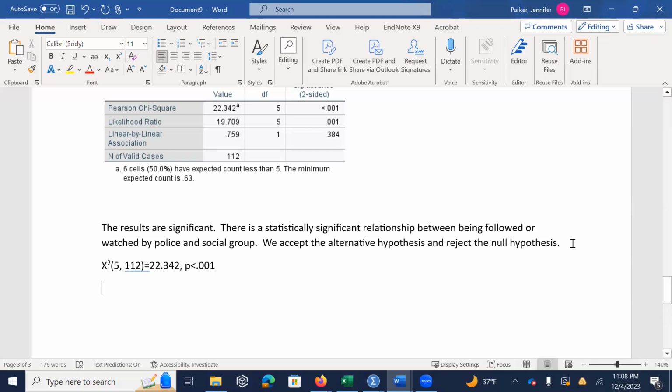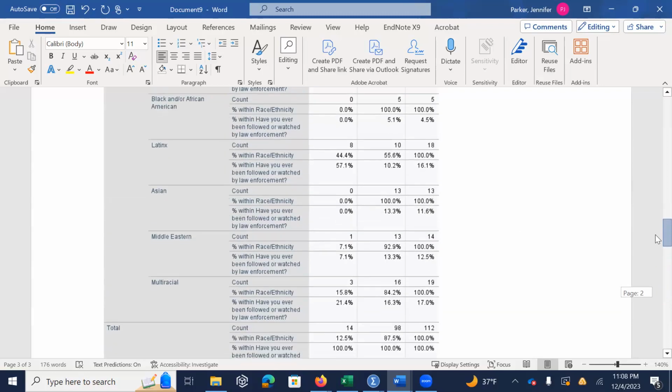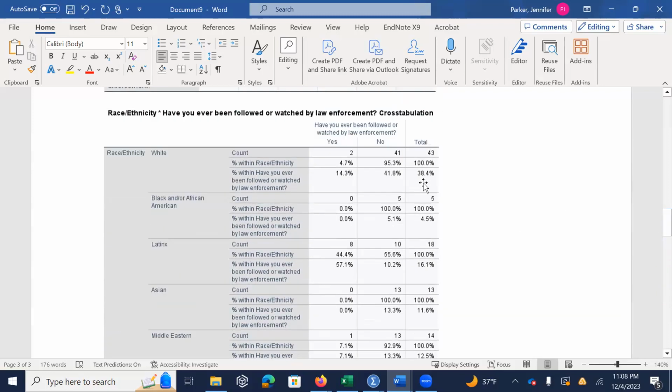And then let's make a couple of comments about the data here. So we're looking for contrasts. So we may want to point out a couple of things here.